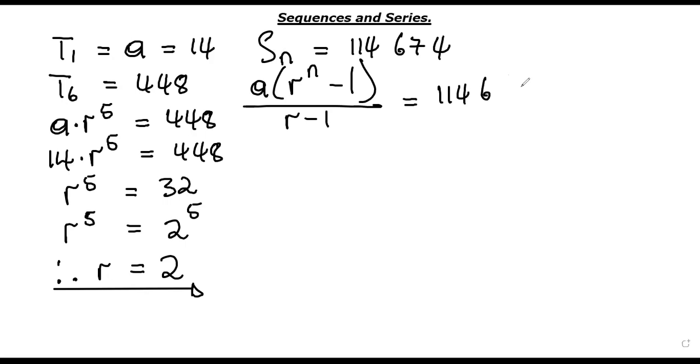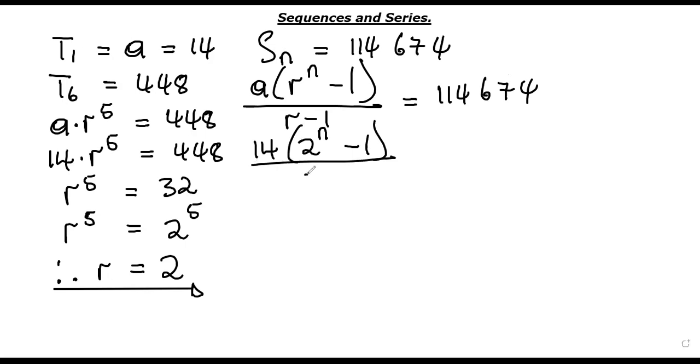So this is what we are going to say. And then we say the value of A is 14. The constant ratio is 2. We are looking for the number of terms. And then we say minus 1.